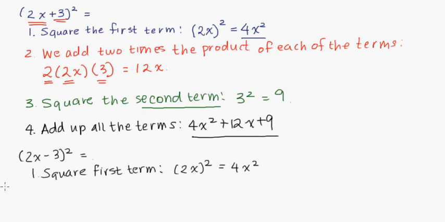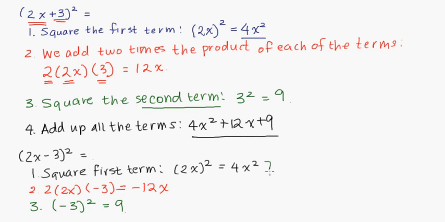Second, add 2 times the product of each of the terms. So that's 2 times 2x. And be careful here. It's times negative 3. And that's 2 times 2, which is 4, times negative 3, which is negative 12, times x. And finally square the second term, and it's the quantity negative 3 squared, and that is equal to positive 9.